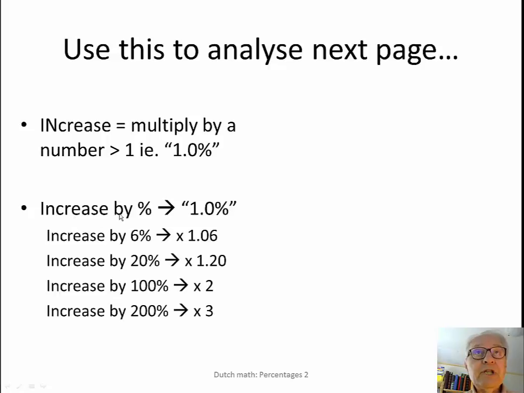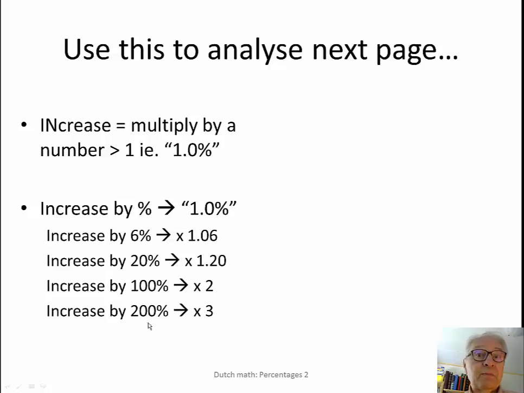So, increase by a percentage is written in this way. 6% increase is the same as a multiplication by 1.06.